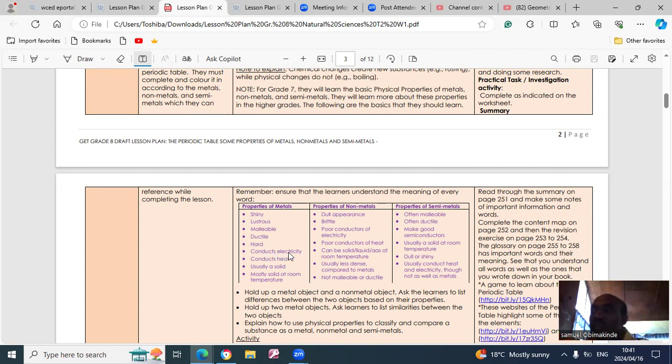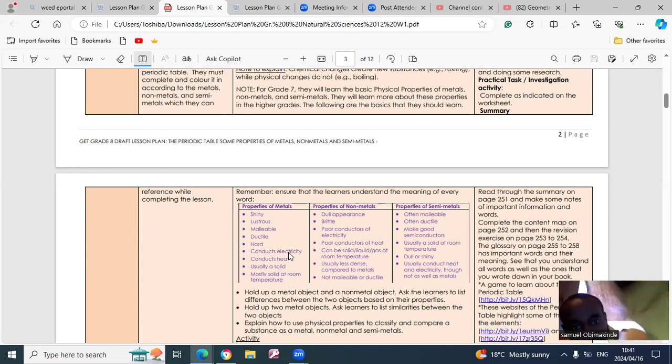If you look at one of the previous examples I've given to you, this is a laptop charger, and this cable is made of metal, right? This metal is able to transfer charge to the computer, and that helps the computer to charge. So metals are good conductors of electricity.